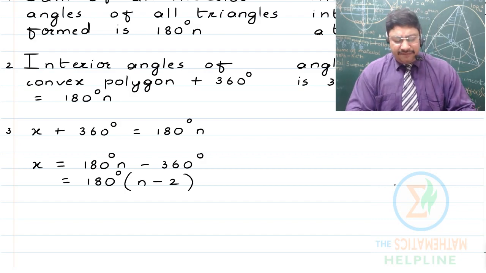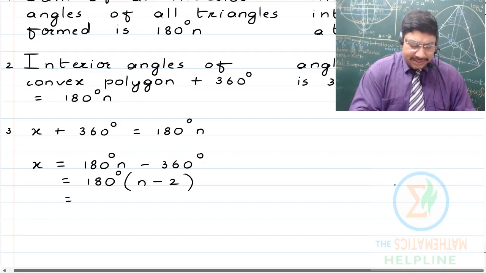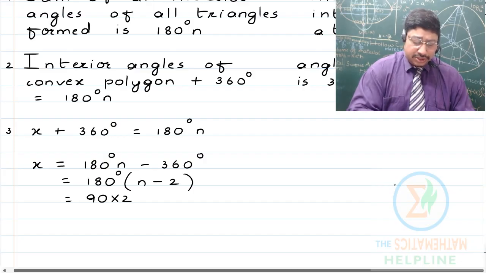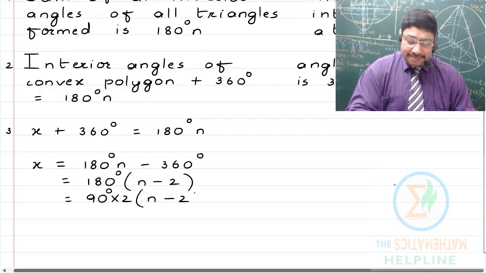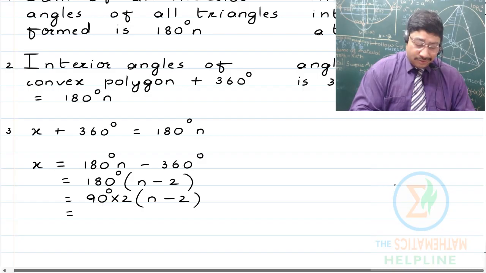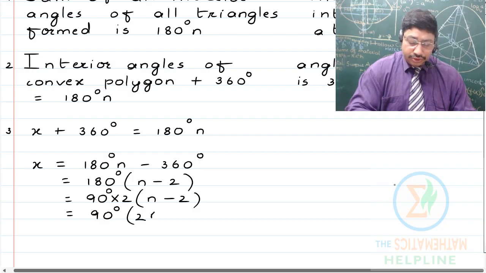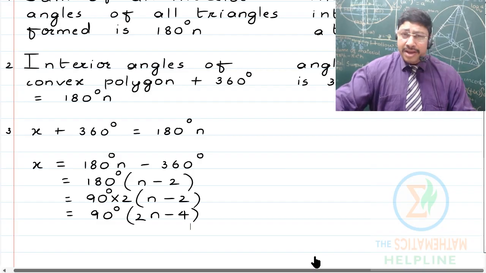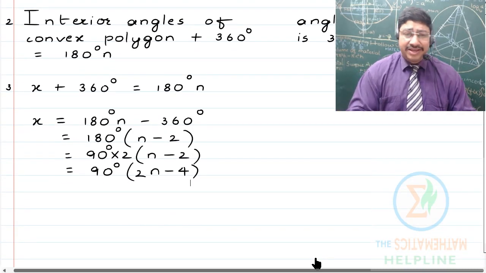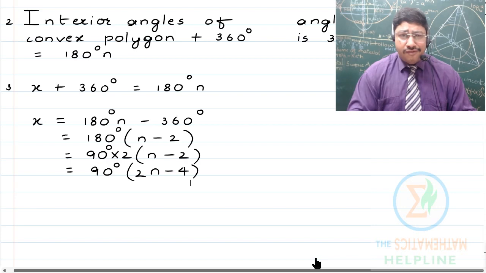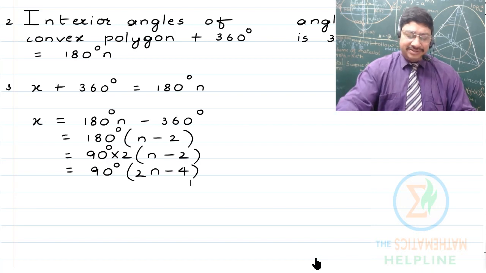If you put the 2 inside, then you can say that you have this as 90 into 2. This is how you can write 180, multiplied with n minus 2. As such, here you have 90 degrees multiplied with 2n minus 4, right? Thus 2n minus 4 times 90 degrees is actually the sum of all the interior angles which x is representing.